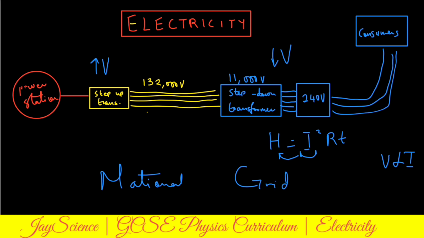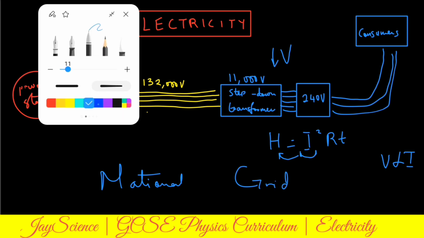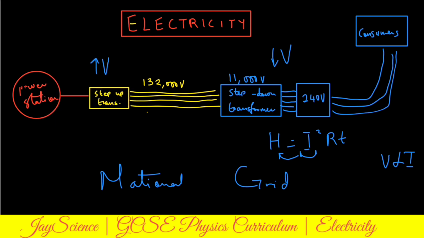The consumer and the power station are not part of the national grid. So if you have a question that says which of these is not part of the national grid, and you've got power station as part of the options, just pick that one out. Or if you've got consumers, both are not part of the national grid.